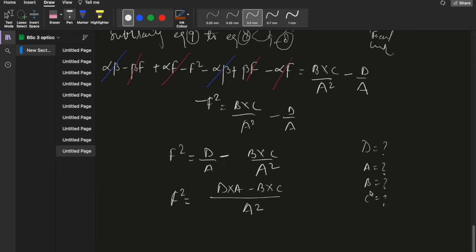If you remember, we had assumed these values: D was minus of D F1 F2. Value of A is D minus F1 minus F2, and value of B is F1 F2 minus D F2, and C is D F1 minus F1 F2.